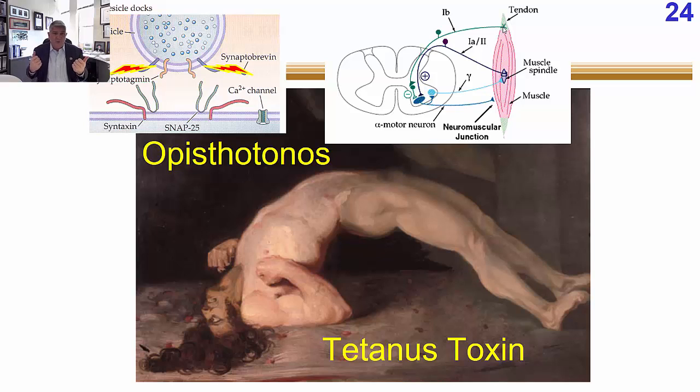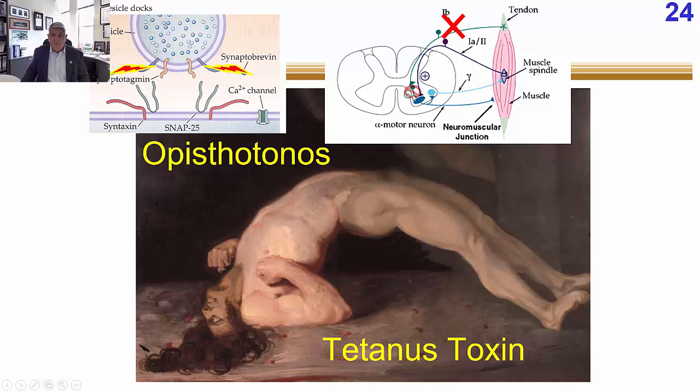So when do we have tension in our muscles? When they're contracted. So this 1B sensory neuron is sending a signal, hey, there's tension in the muscle. I'm going to activate this inhibitory neuron, which is going to inhibit muscle contraction and allow the muscle to relax.